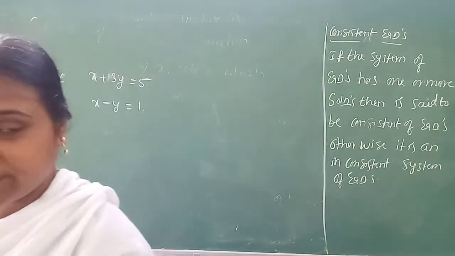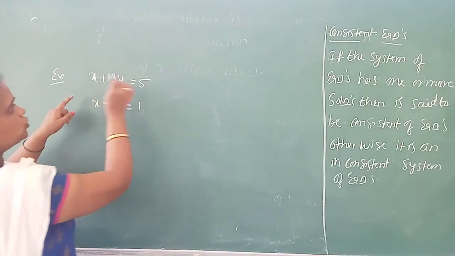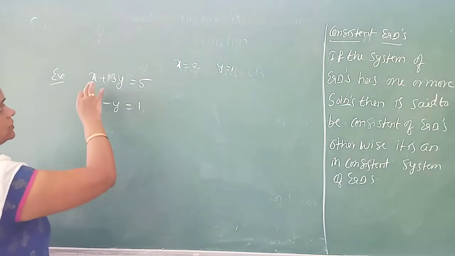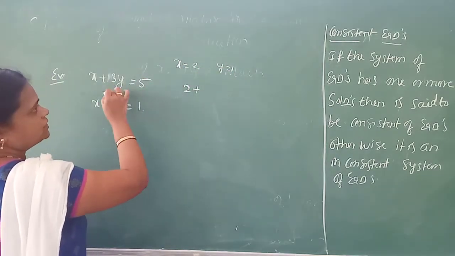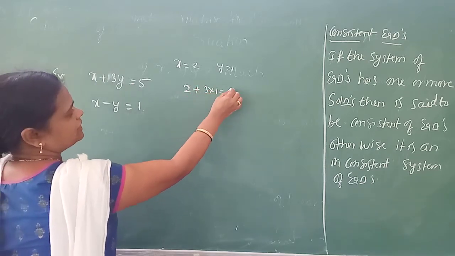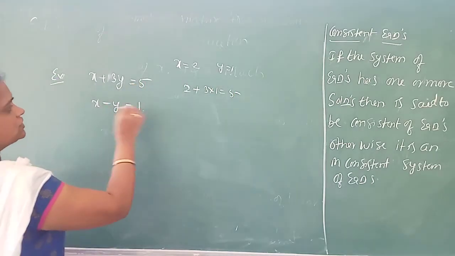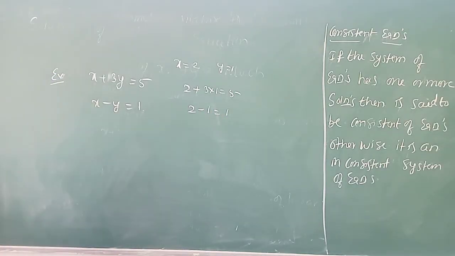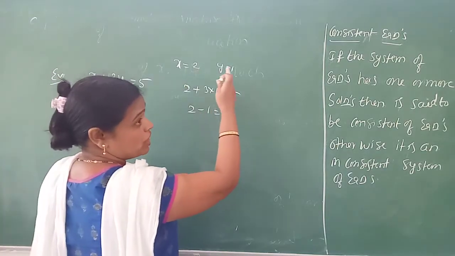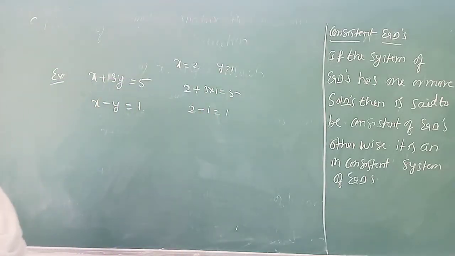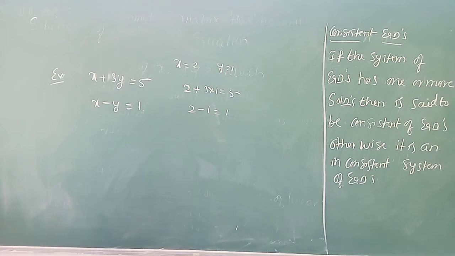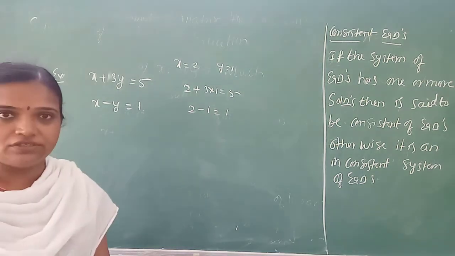Or in general, if I substitute x is 2, y is 1: 2 plus 3 into 1, what will you get? It is 5. Next, 2 minus 1, what will you get? It is 1. Means x is 2, y is 1 is the solution of the system of equations.